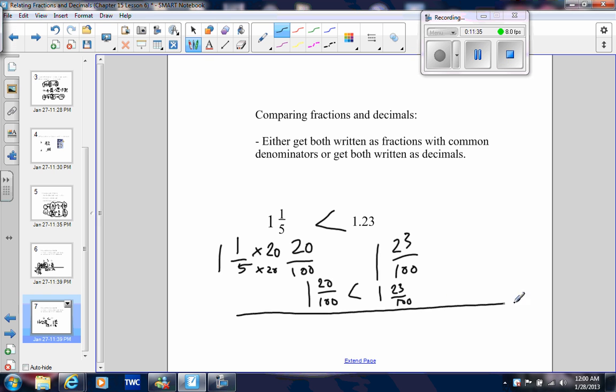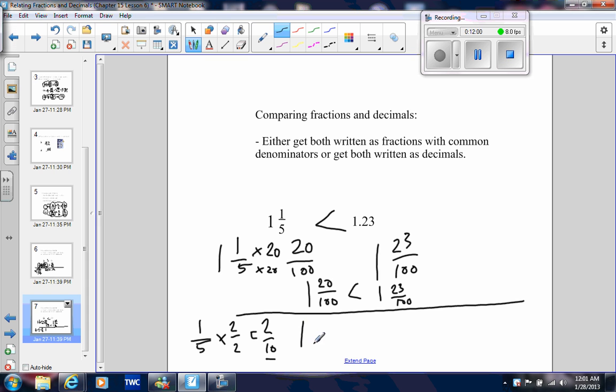All right, I can turn them both into decimals also. Maybe I'll do it this way this time. 1/5 times 2/2 gives me 2/10. Okay, so I just turned 1/5 into 2/10. And I chose 10 because I could turn it into a decimal really easily.